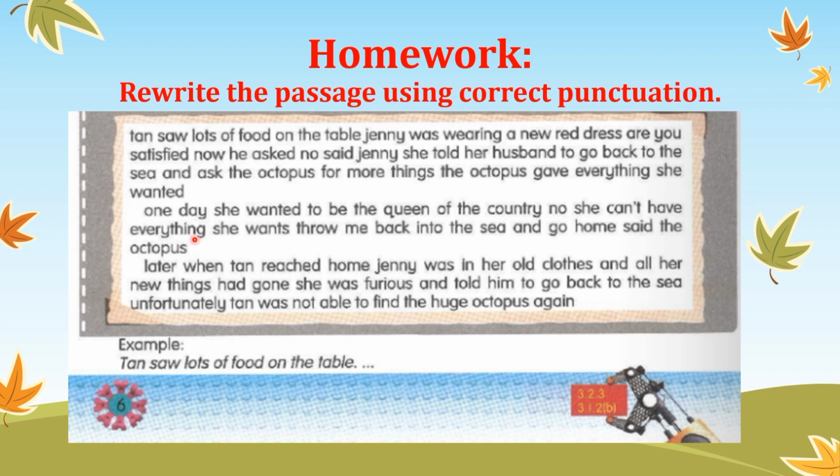I read one more time. One day she wanted to be the queen of the country. No, she can't have everything she wants. Throw me back into the sea and go home, said the octopus. Later, when Tan reached home, Jenny was in her old clothes and all her new things had gone.